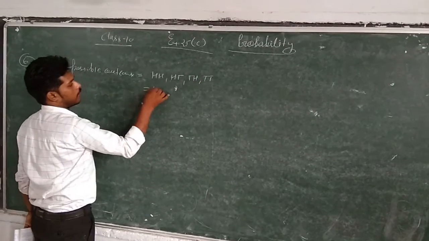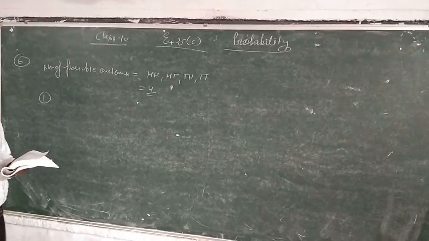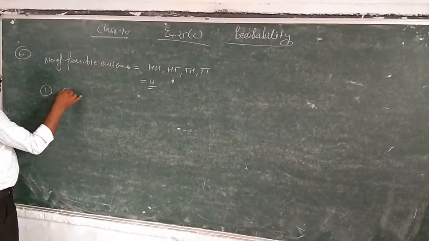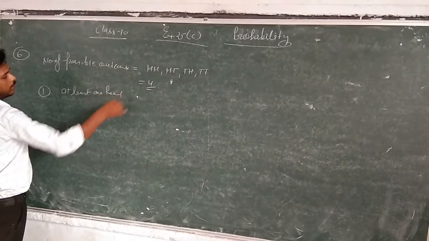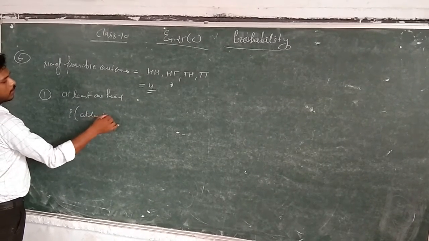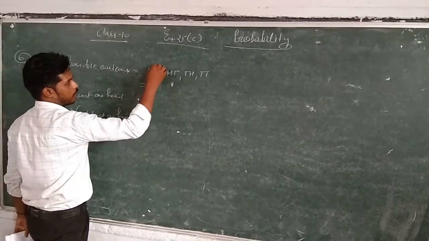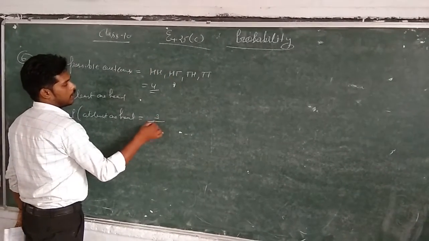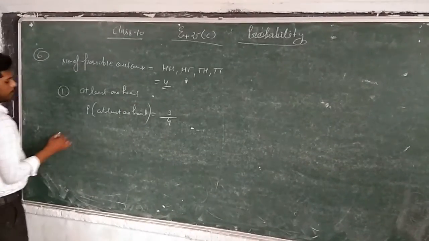It means 4. The first point is the probability of at least one head. P, at least one head, is equal to the number of favorable outcomes, 1, 2, 3, upon 4. The probability is 3 upon 4.